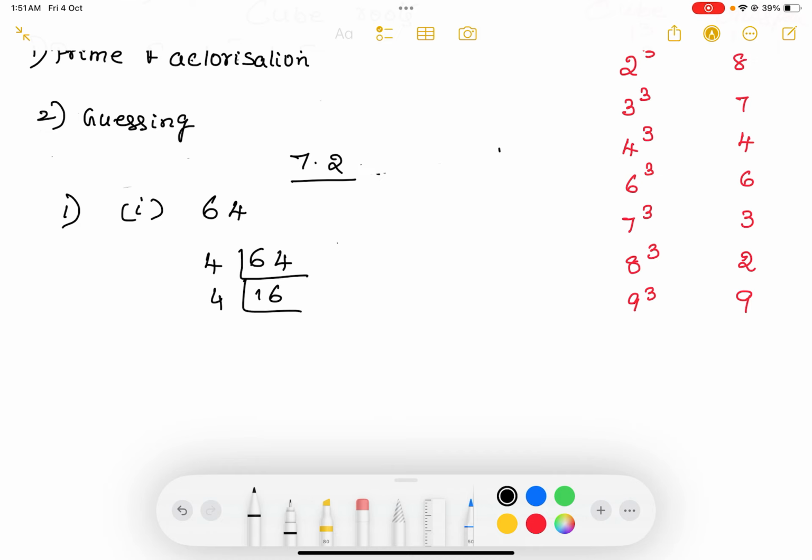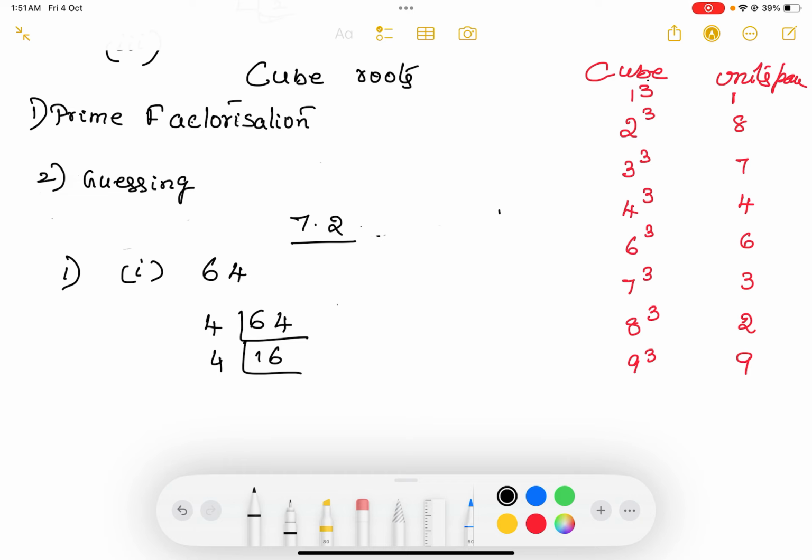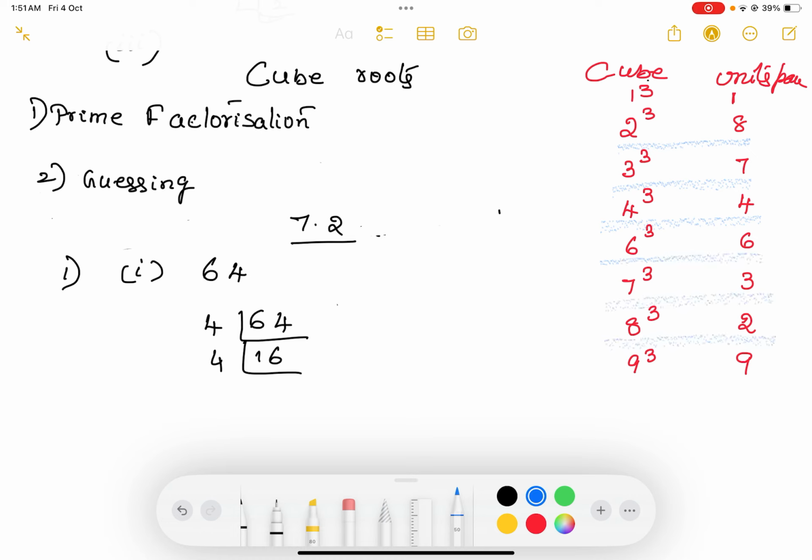To do the guessing, what you need to remember is the units places. I explained this in the last lecture. The cube of 1 has units place 1, the cube of 2 has units place 8, the cube of 3 has 7, the cube of 4 has 4, the cube of 6 has 6, the cube of 7 has 3, the cube of 8 has 2, and the cube of 9 has 9.